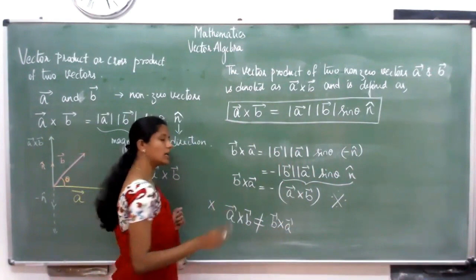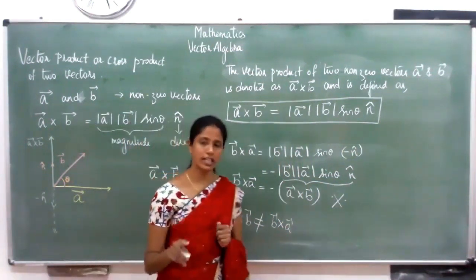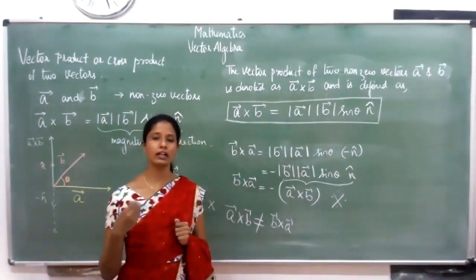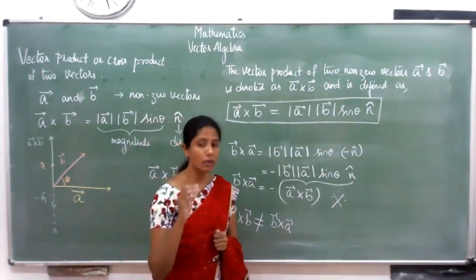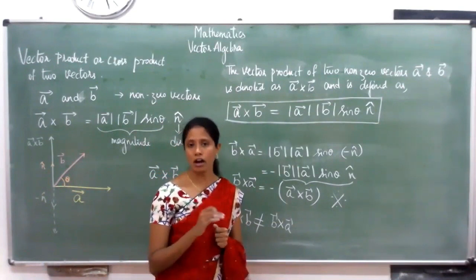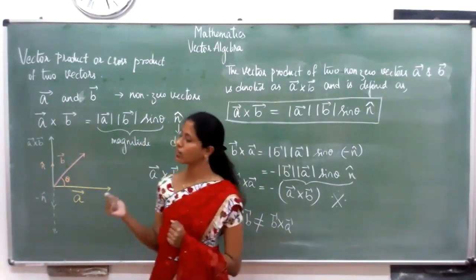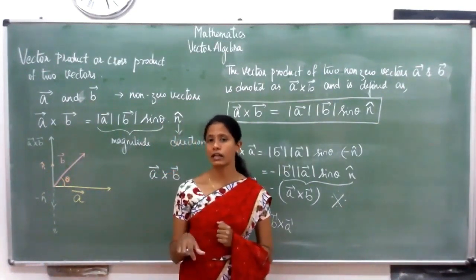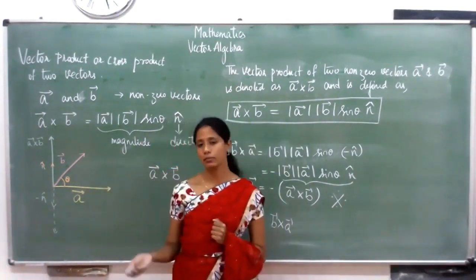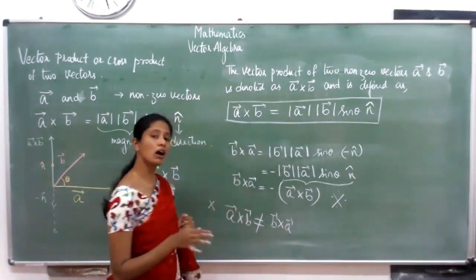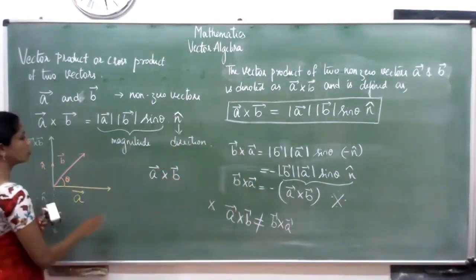You should remember, whereas in dot product, we have seen that vector A dot B is the same as vector B dot A. That is, the dot product is commutative. But in cross product, it is not the same. Why? Because in cross product, we are getting a resultant as a vector. So here the direction changes when we say A cross B and B cross A. So it is not commutative. I hope you have understood.